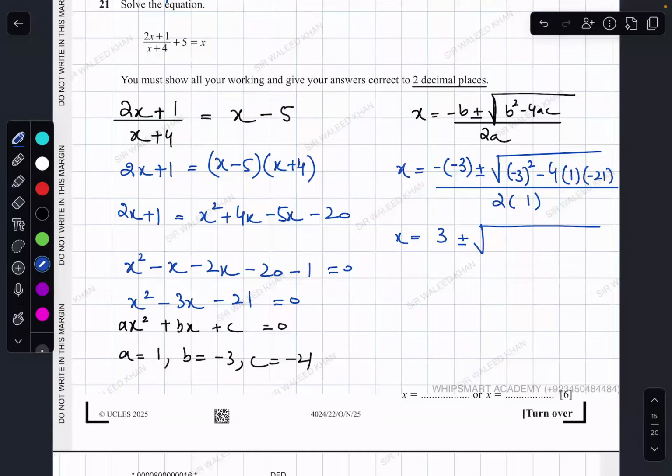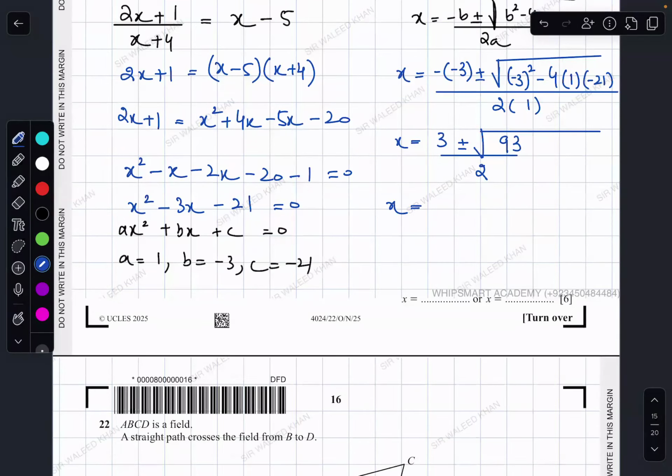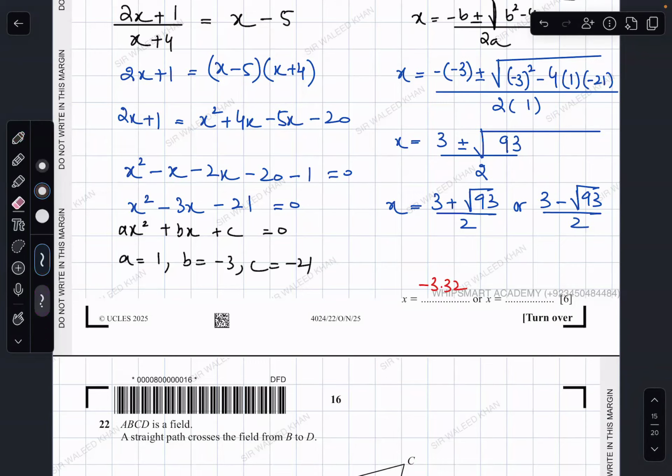Plus minus. Now show one more step in which you can solve whatever is within this root. So 9 plus 4 times 21, that is 93. 93 over 2. Okay. Now you can just split it into plus and minus, and you are getting two values, which are 6.32 and negative 3.32.